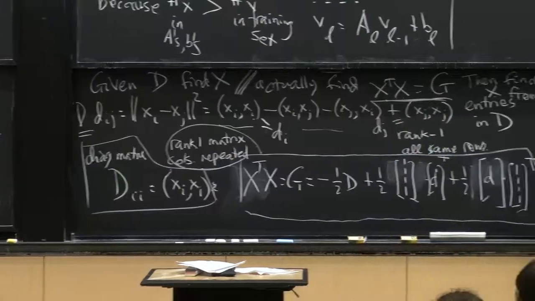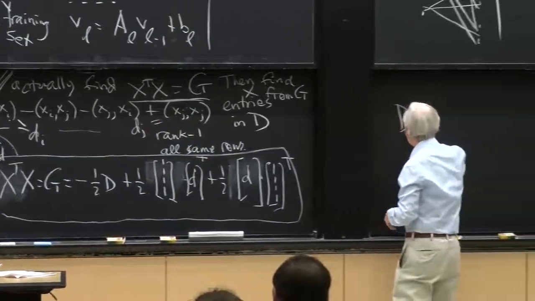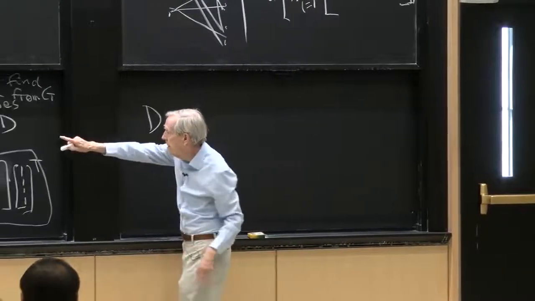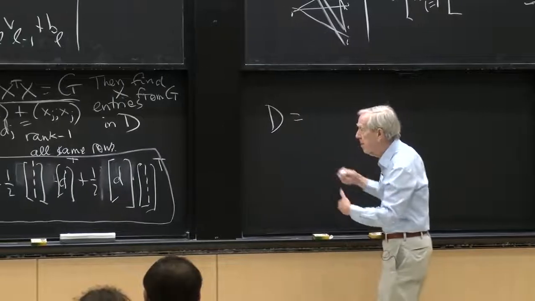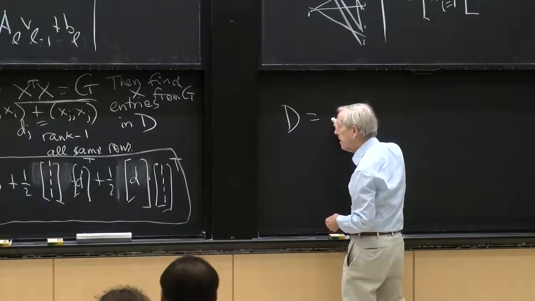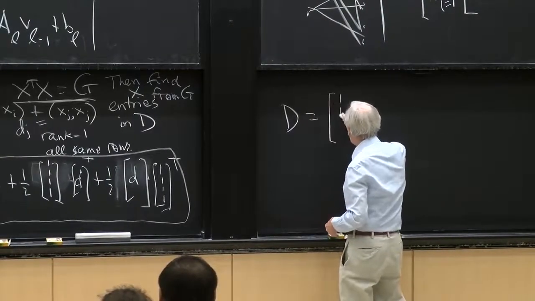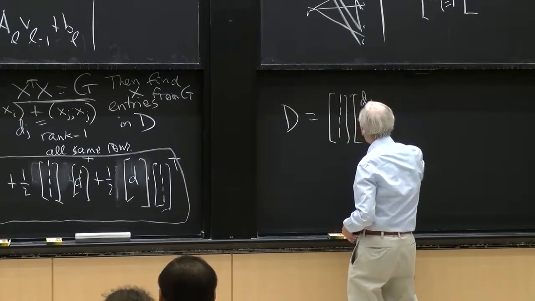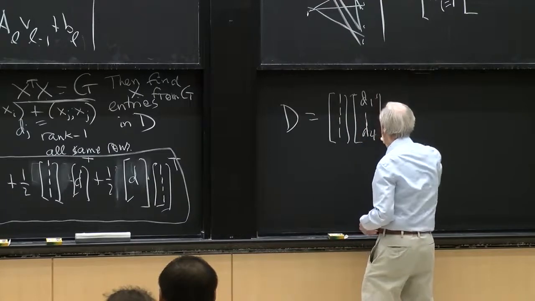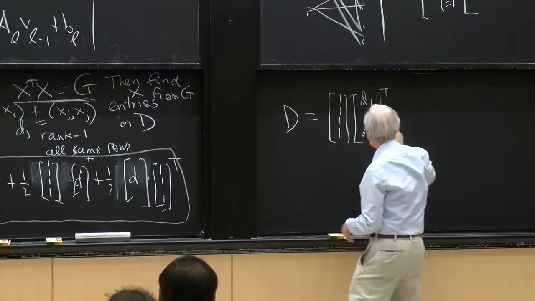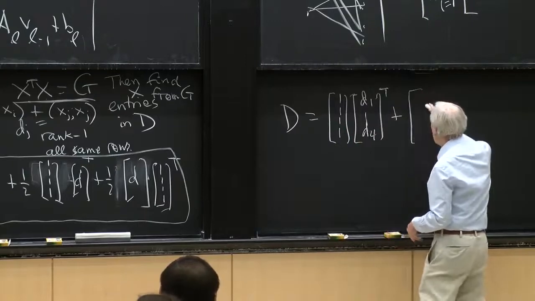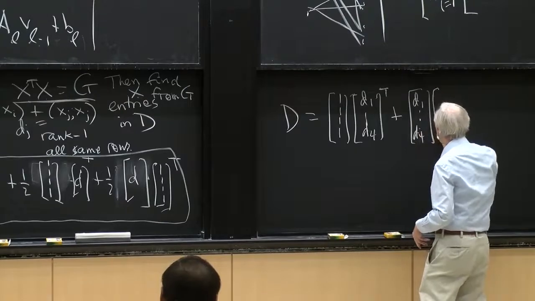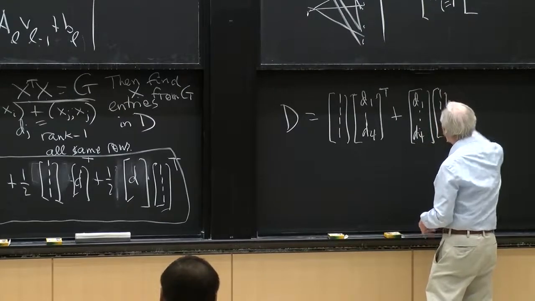Oh, I see. What that equation is really saying is that the D matrix is this. If I just read that along and translate it into matrix language, it is this 1, 1, 1, 1 times D1 to D4, let's say, transpose, which is this rank 1 matrix, and the other one is the D's times the 1, 1, which is the transpose of that.